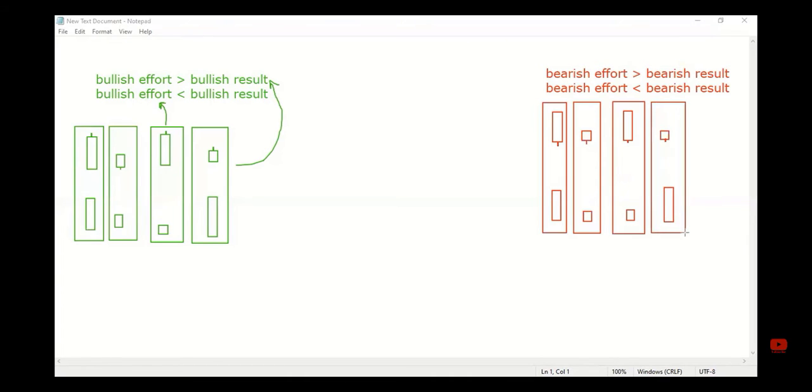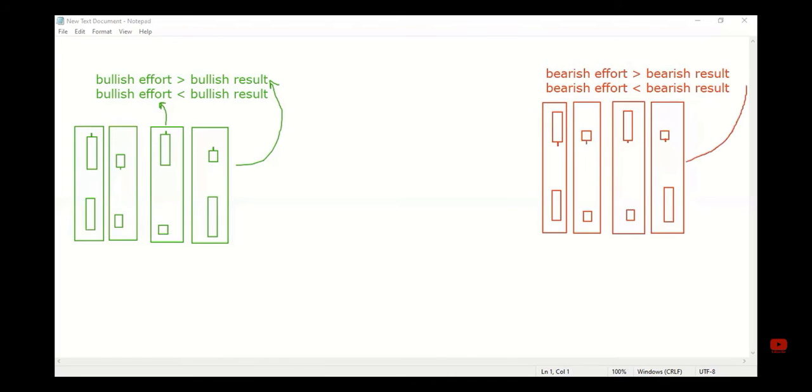So now this condition is not okay, because effort is greater here than the bearish result. Bearish effort is greater, that means volume greater here than the bearish result. So first term is this one.